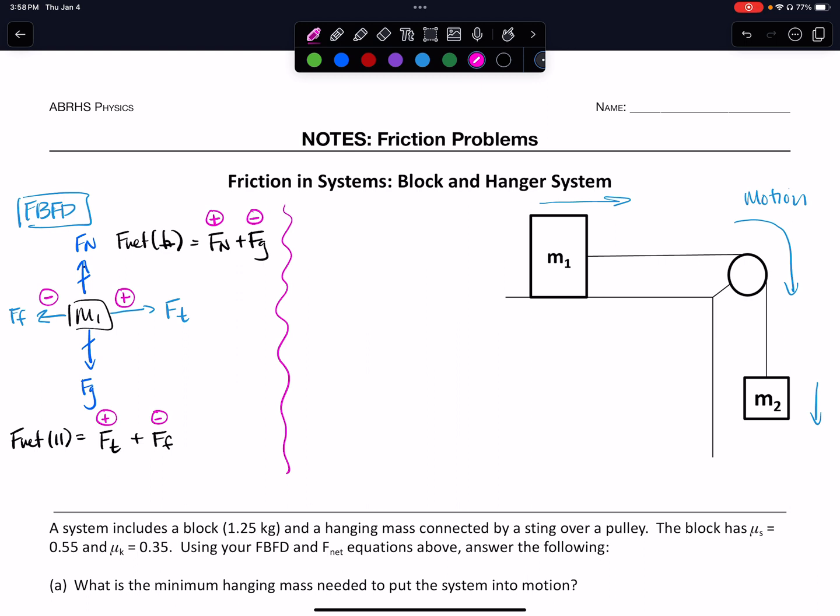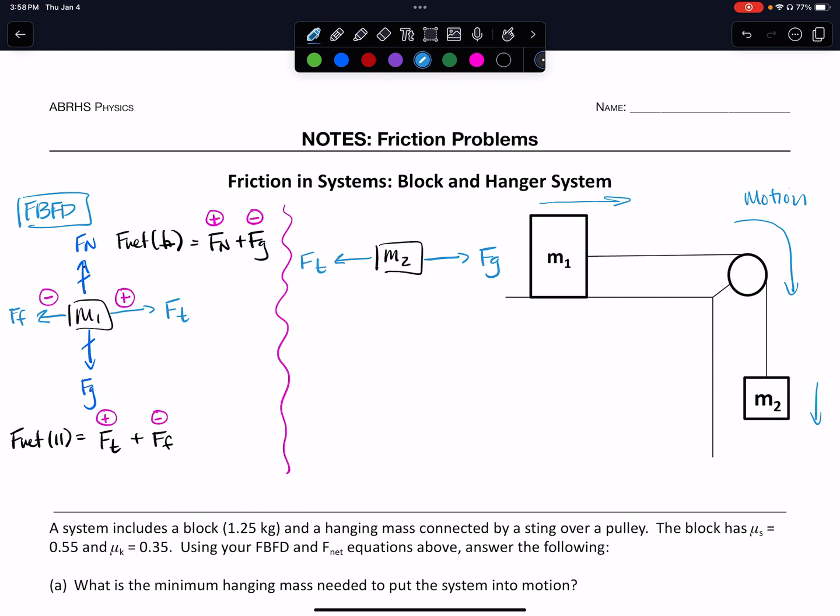Now let's move on to the hanger. So this is mass 2. Now there's only two forces working on my hanger. Again, I draw it so that it is in a straight line with mass 1. So that means that to the right is going to be that gravitational force, and then to the left is going to be the tension force.